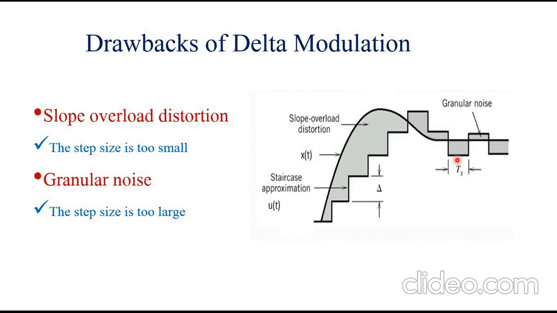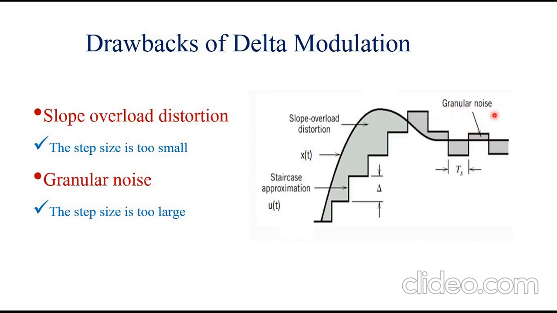When the input signal is almost flat, the staircase signal u(t) keeps on oscillating plus minus delta around the signal. The error between the input and approximated signal is called granular noise.